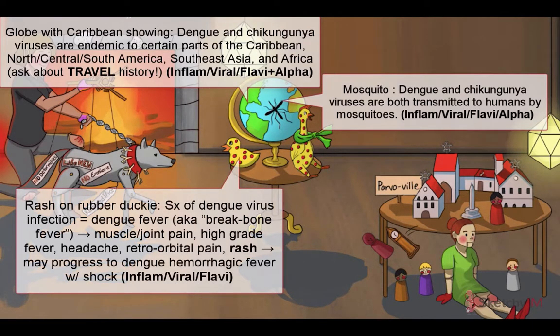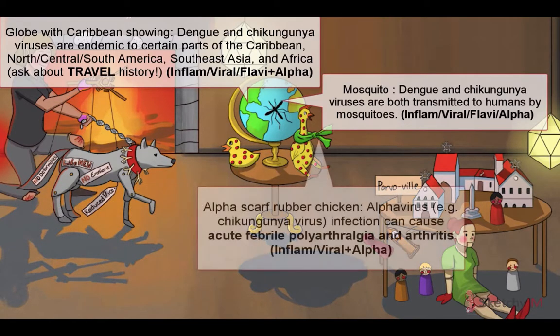Dengue fever is sometimes referred to as breakbone fever because of the significant muscle and joint pain that occurs during acute infection, along with the high-grade fevers. It can also present with a headache, retroorbital pain, and a rash. The diagnosis of dengue fever can be presumed if a patient presents with characteristic symptoms after having been to an endemic area within the last 2 weeks.